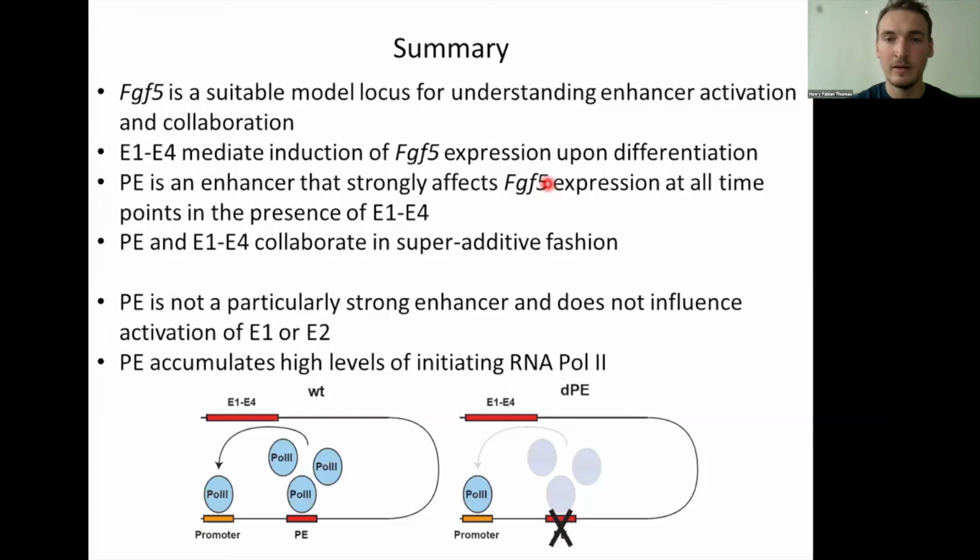I'm not quite sure whether I got the second question. He's not quite sure why moving the PE from the downstream position to the upstream position doesn't have a different effect. I mean, our reasoning was that if we move PE up, away from the intron, then we would get rid of any effect that PE might have on, for example, splicing or RNA stability. But in theory, for the enhancer itself, it shouldn't make such a big difference whether it's positioned upstream or downstream.